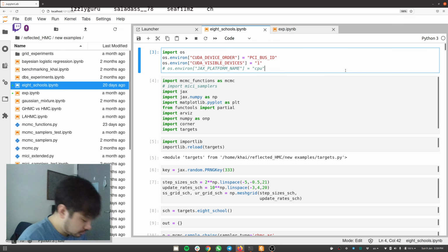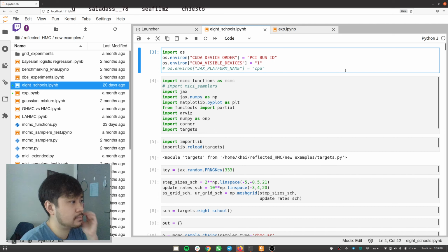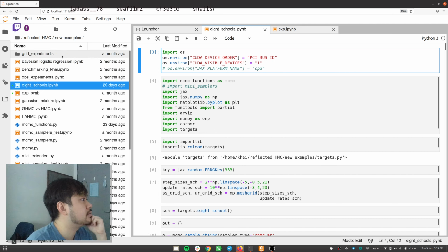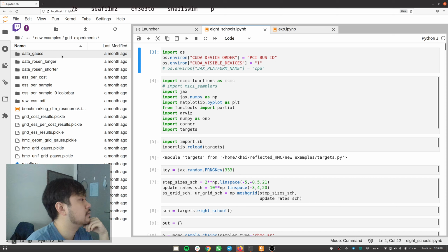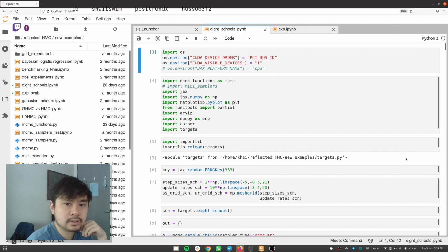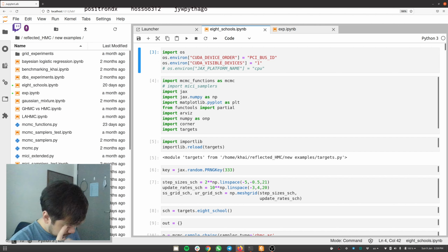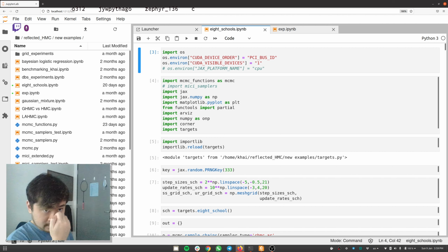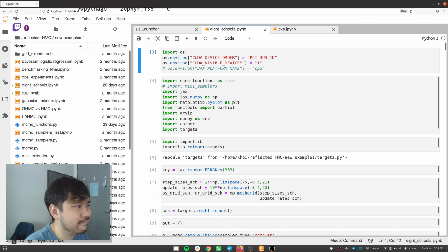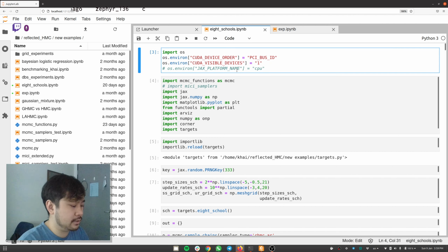Okay, so let's try to set them all up. Okay, so this is the grid experiments. My Rosenbrock example is a bit poor, so maybe I should try something like, also the Rosenbrock I can do in different dimensions. Maybe let's do 2 of them. Let's do 3 Gaussians and 2 Rosenbrocks maybe. Not very pleased. Well, whatever.